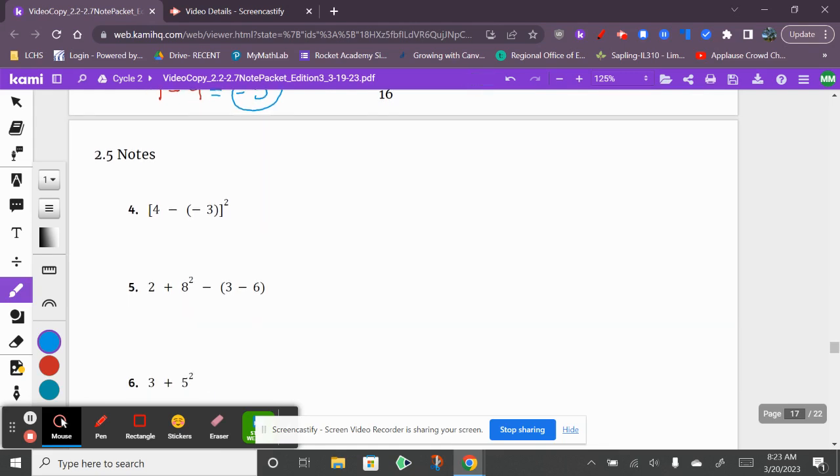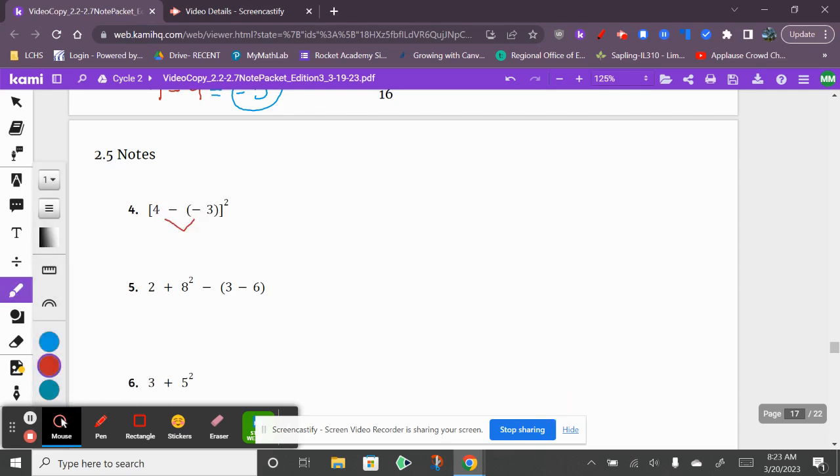Looking at the next one. In this one, we have brackets, we have subtraction. This does not represent another grouping symbol because it's just emphasizing the negative here. And then we have an exponent. So I have grouping, I have my brackets here, so I'm going to work out the grouping first.